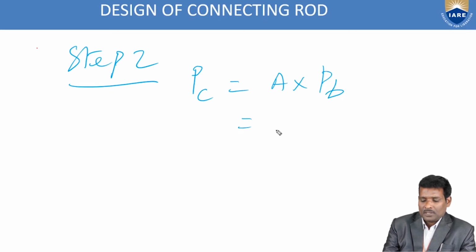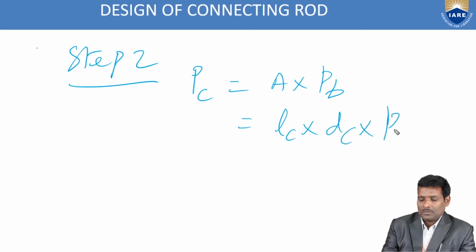That is L, the length of the crank pin, multiplied by Dc, and the bearing pressure.